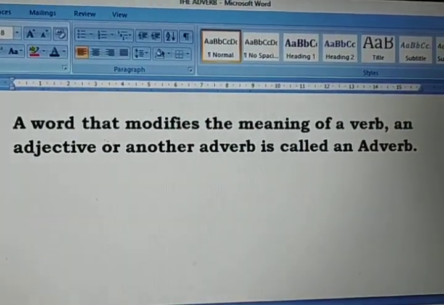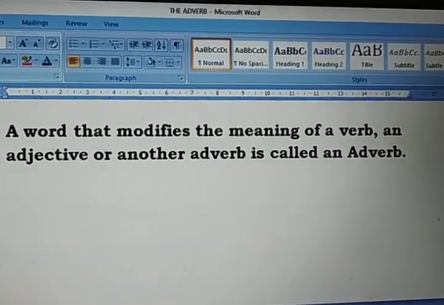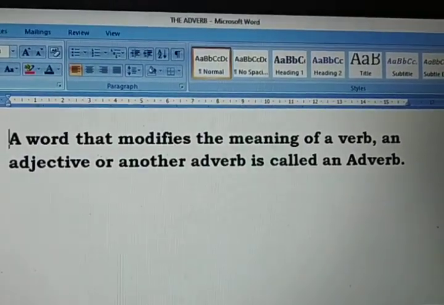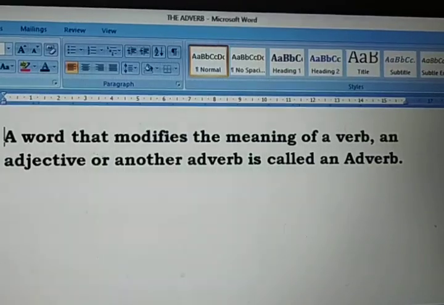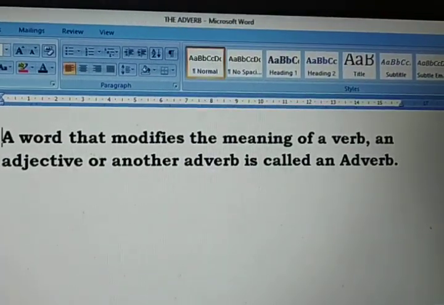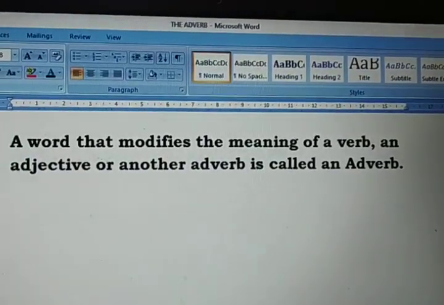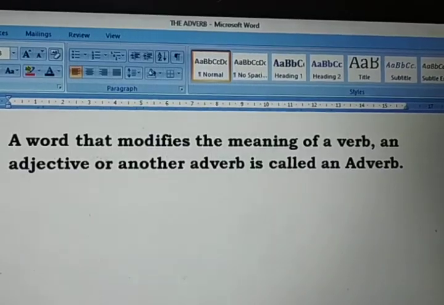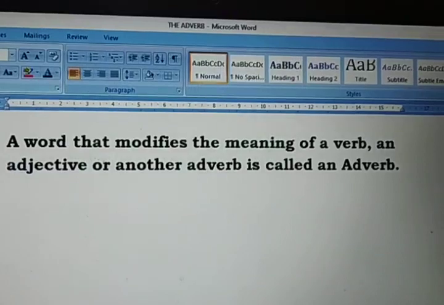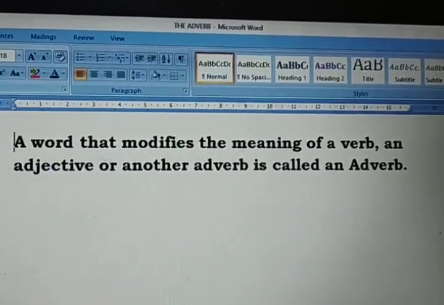We get a word that modifies the meaning of a verb in the first sentence, an adjective in the second sentence, or another adverb, and it is called an adverb. So the word which was modifying the verb, the adjective and the adverb itself in the last three sentences, that word is called adverb. So we can say an adverb is a word that modifies the meaning of a verb.